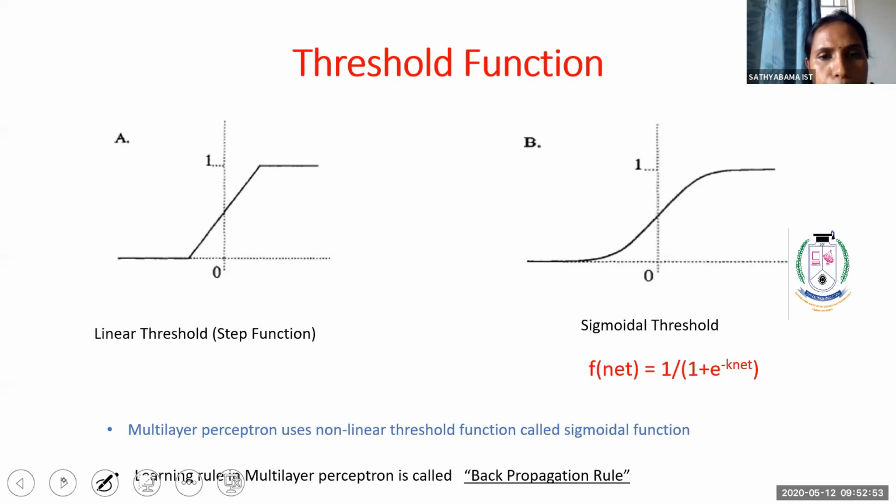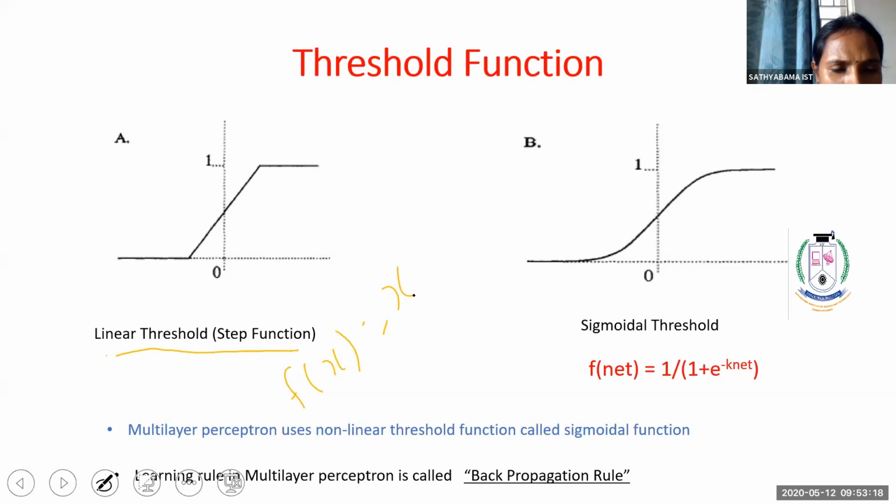Coming to the threshold function. In the multi-layer perceptron, we are going to use the sigmoidal threshold function. Hope you already know the threshold function you used in a single layer perceptron. There you used a linear threshold function, that means f of x is equal to x.